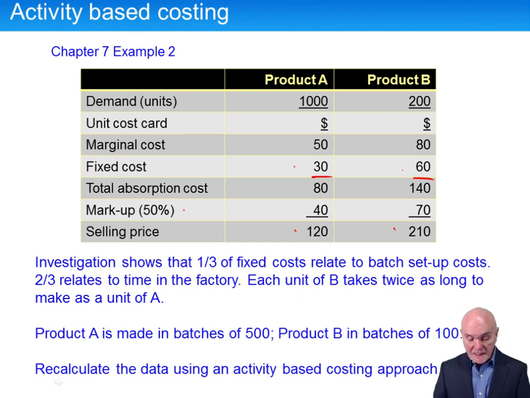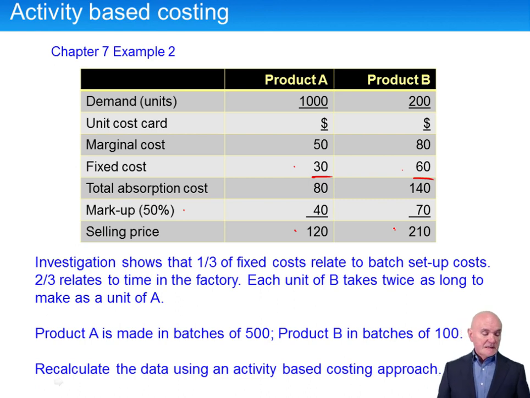Each unit of B takes twice as long to make as a unit of A. Product A is made in batches of 500, but product B is made in batches of only 100. So for the setup cost, you are getting only 100 units of B, but you're getting 500 units of A. It's a much more efficient use of the batch setup costs.